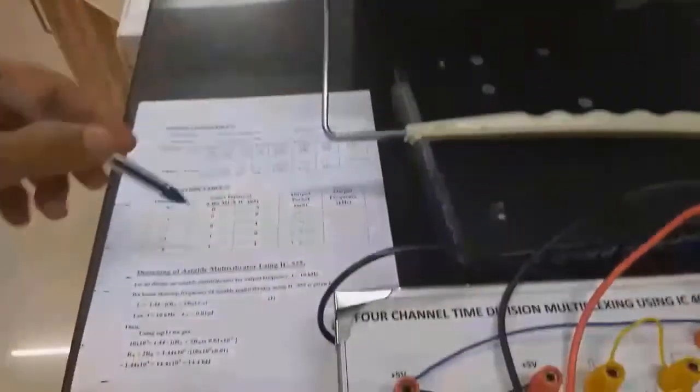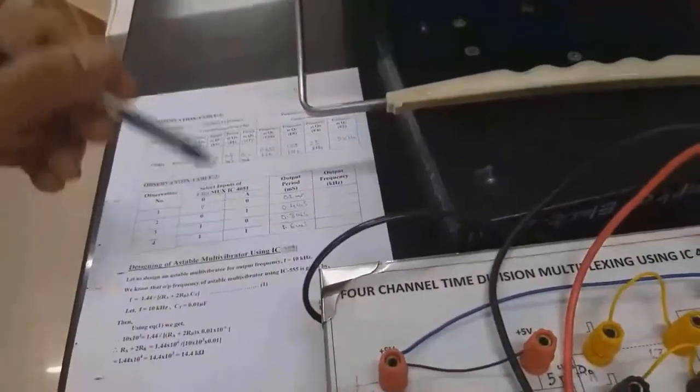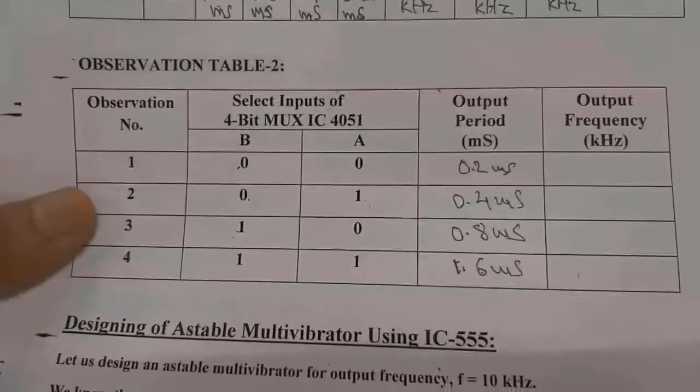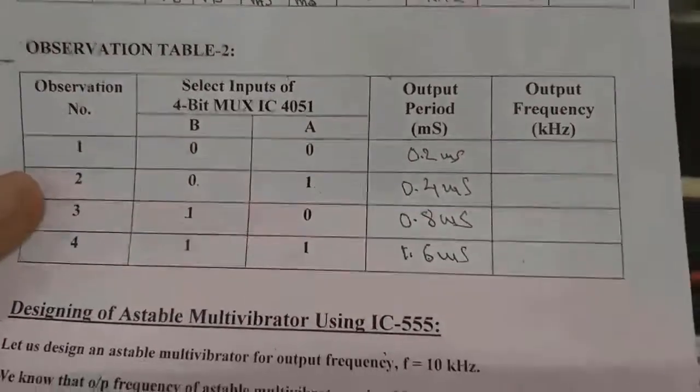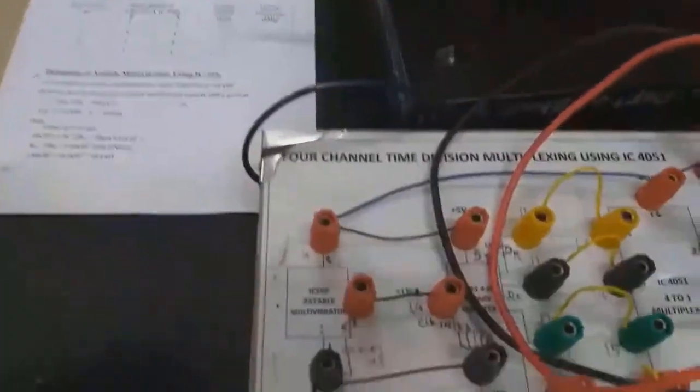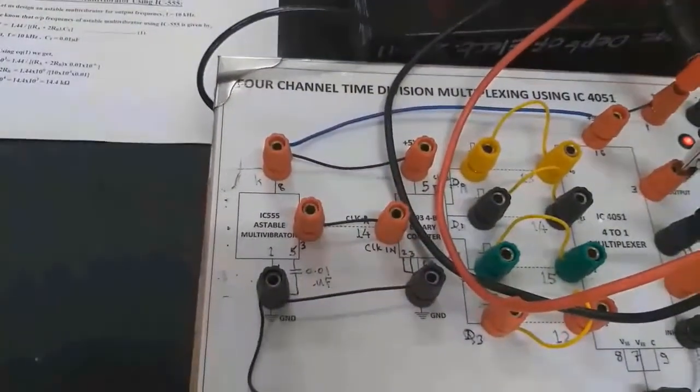The time per division knob is 0.2 millisecond per division. So 8 into 0.2 means 1.6. So for A equal to 1 and B equal to 1, you get the period of the waveform on CRO equal to 1.6 millisecond. Take 1 upon 1.6 millisecond, and you get the frequency equal to 0.625 kilohertz.